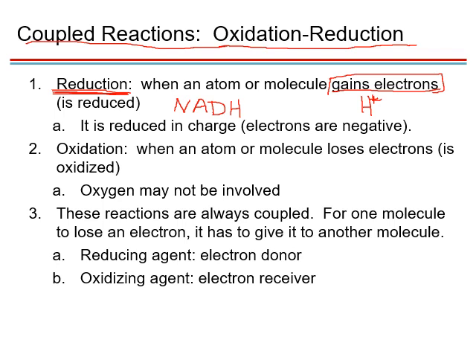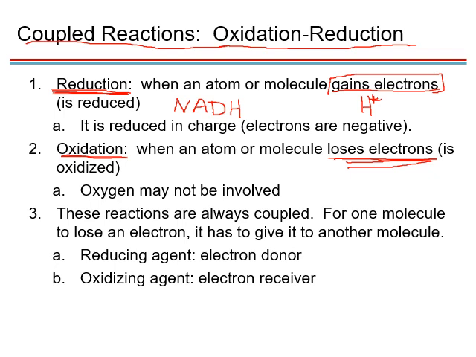The opposite: whenever you reduce something, those electrons came from another molecule, and that molecule was oxidized, went through oxidation, because an atom or a molecule loses an electron. So you can see how these reactions are coupled, because if one molecule is being reduced, something else has been oxidized. The electrons don't just come out of thin air, they're coming from another molecule.